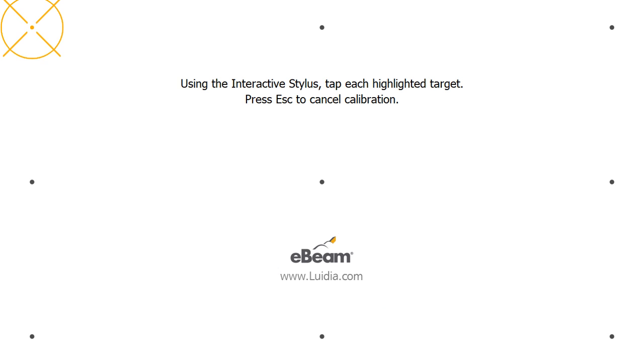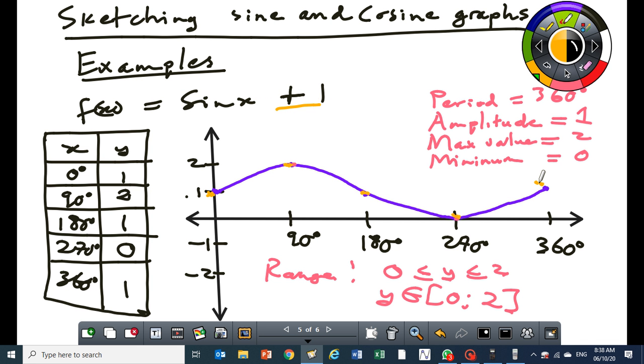Just allow me to recalibrate this. All right. So you must have that. Then you take your pen or your pencil, and freehand, you join the points.